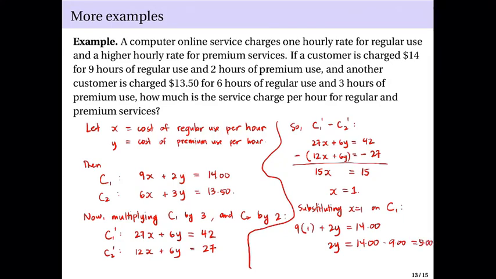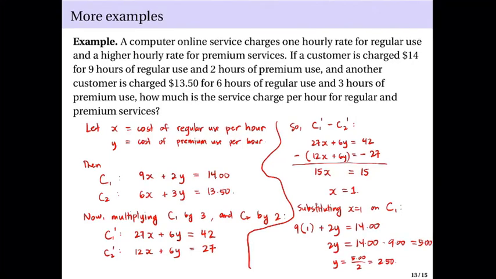Which means that y is $5 divided by 2, which is $2.50. So we have x equals 1 and y equals 2.50.